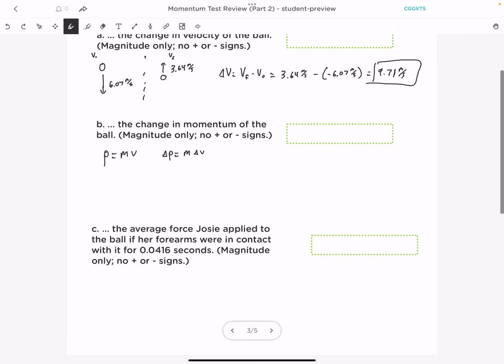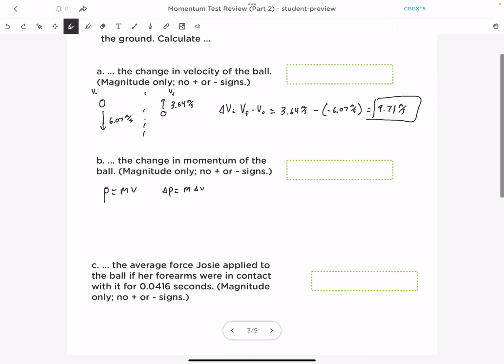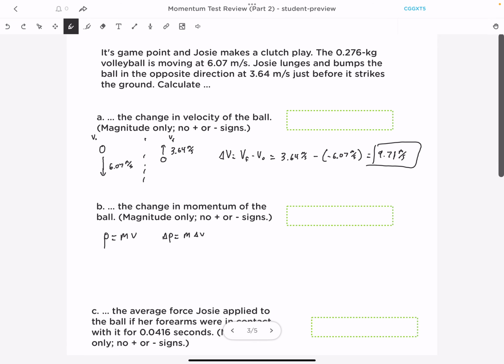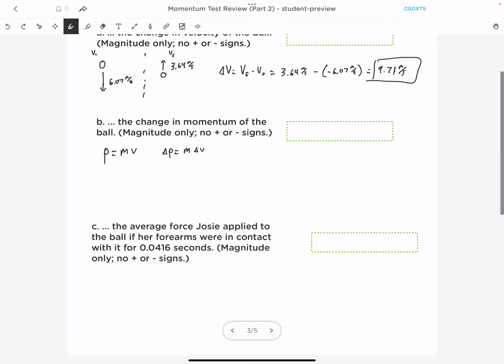We see in the problem the mass of the ball is 0.276. All right, so my change in momentum is 0.276 kilograms times 9.71 meters per second. And this gives us a momentum. Let me calculate this real quick.